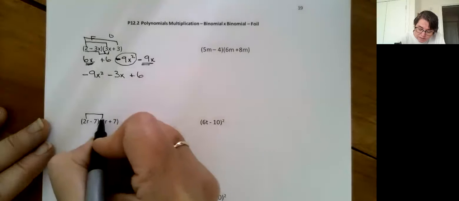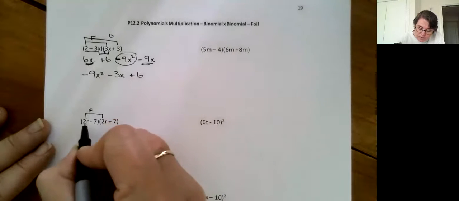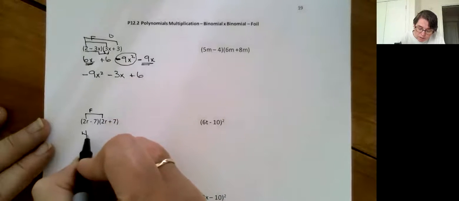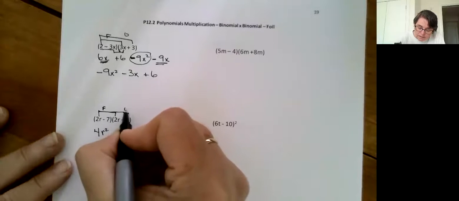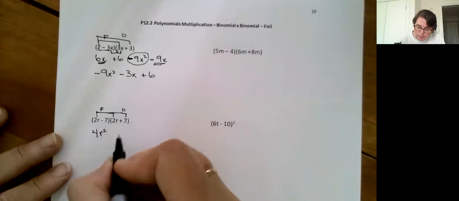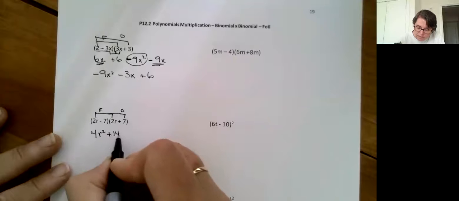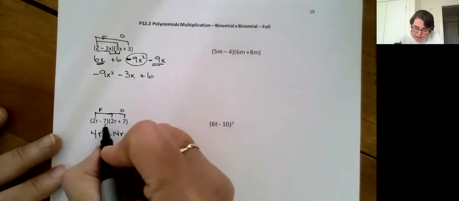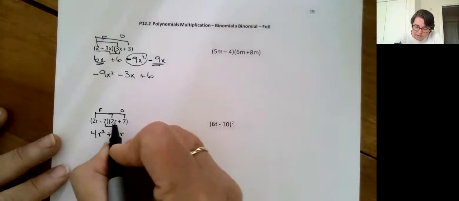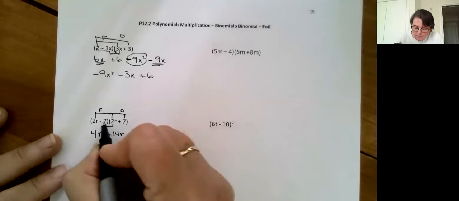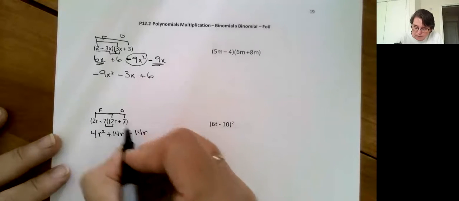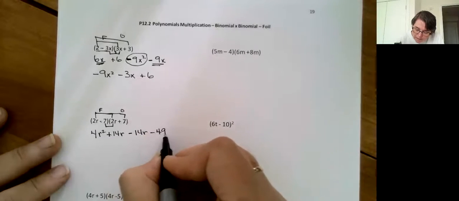So first, 2r times 2r is 4r squared. Outsides, 2r times plus 7 is plus 14r. And then we go inside, negative 7 times 2r is negative 14r, and negative 7 times positive 7 is minus 49.